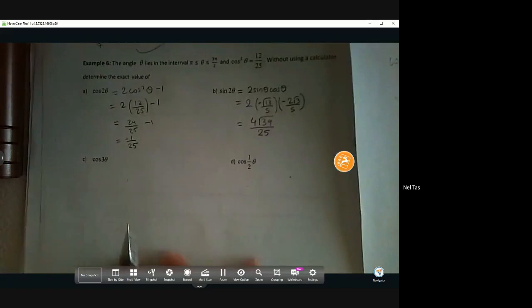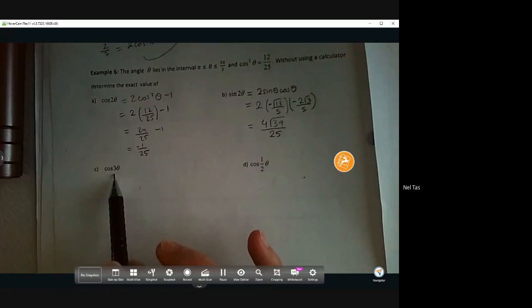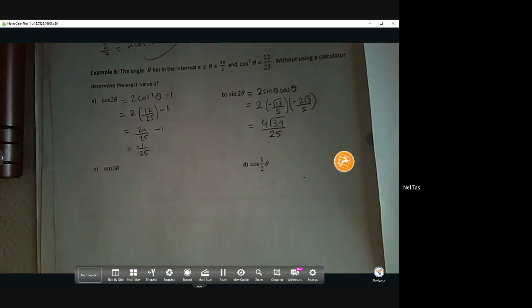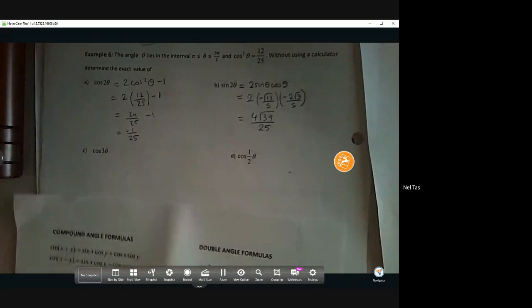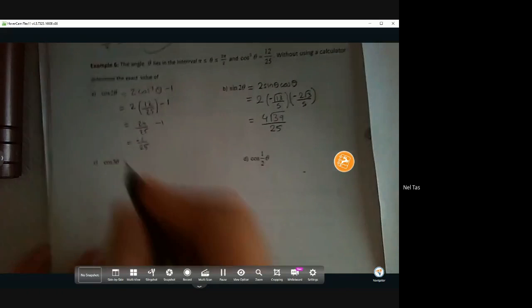Okay, the next question. So we are going to find the exact value of cos 3 theta. The formula sheet, if you look at, we have 2x, but actually we don't have 3x, right? So we have to do something else here to be able to get the exact value of cos 3 theta.